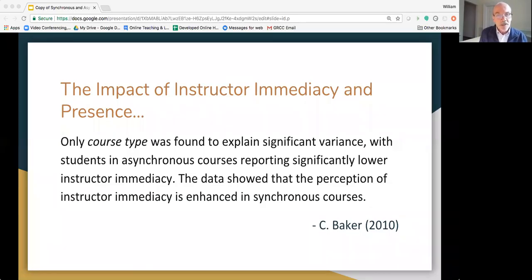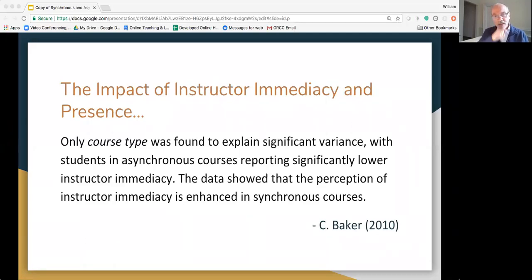And what they found was a statistically significant positive relationship between instructor immediacy and presence. In other words, if you make yourself present as an instructor, then students feel this connection to you. They recognize you as a person and you recognize them, so they create this sense of connection in the online course.